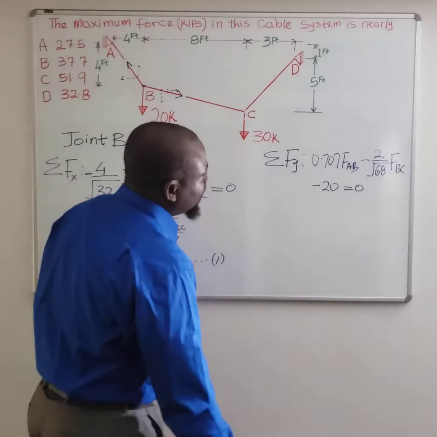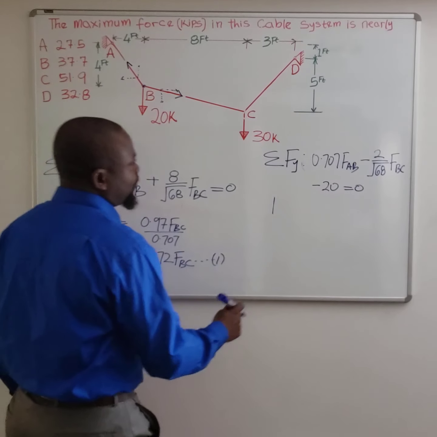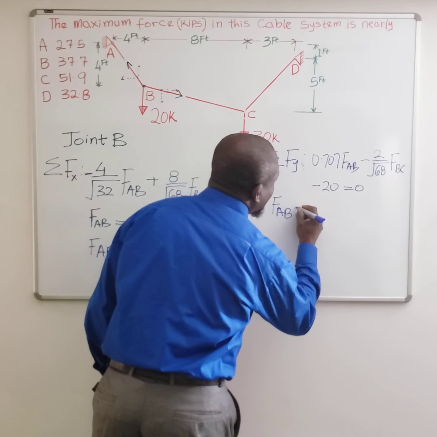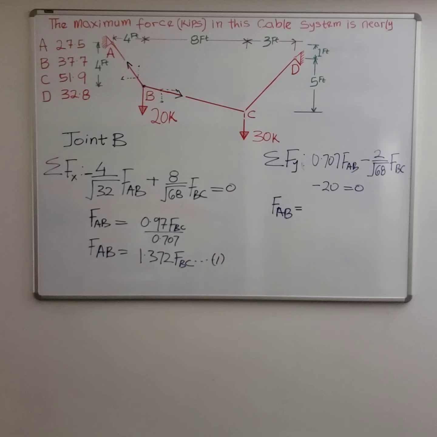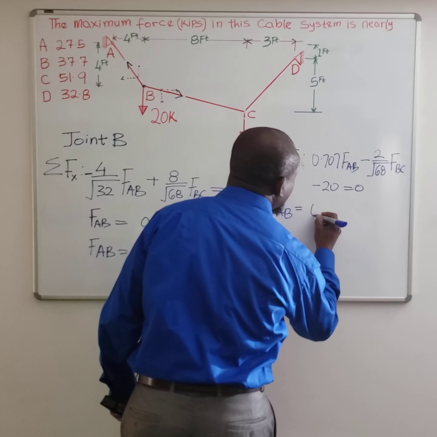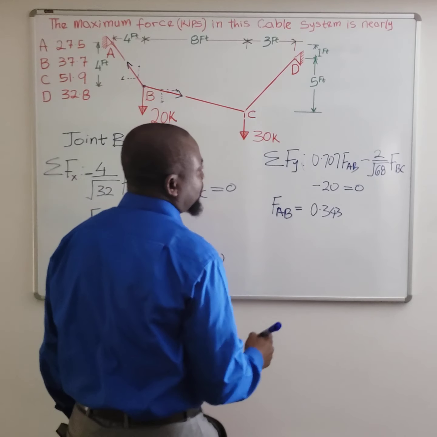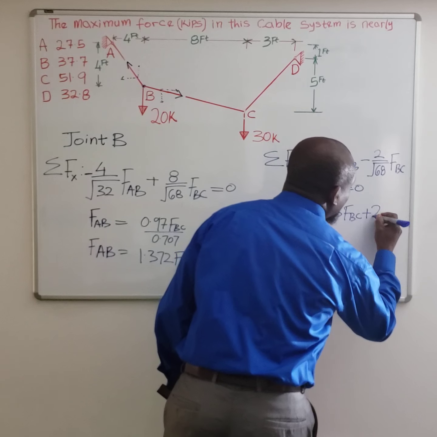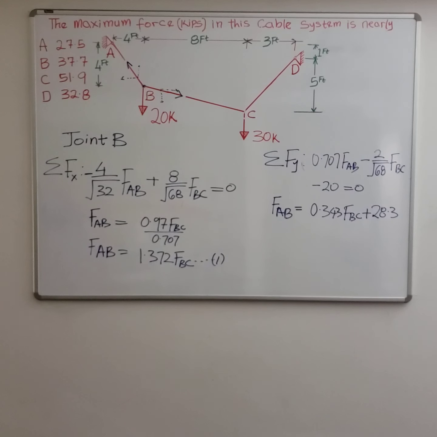When you simplify that, you are going to have FAB in terms of FBC, FAB will be 0.343 FBC plus 28.3. All right. So you're going to have that value.